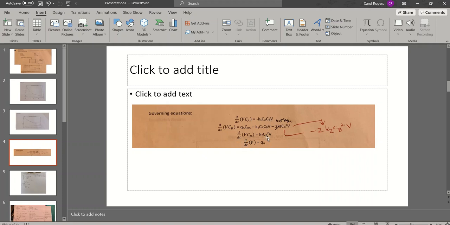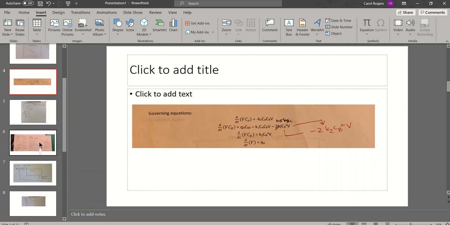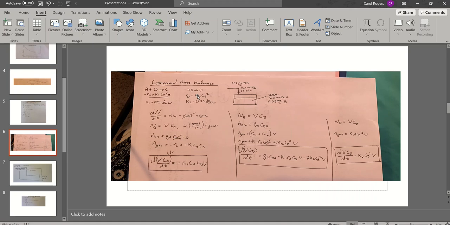The other three equations were obtained through a component mass balance here. And this is what that looks like. Now we're working in moles, so dn/dt is n dot in minus n dot out plus n generated.